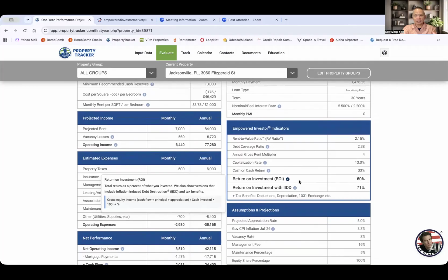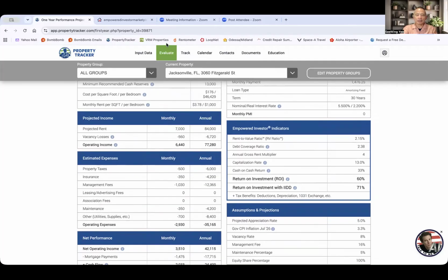Now, another key metric you really need to understand: that's why rental property is a multi-dimensional asset class. Cash flow is just one component, right? There are like 6 profit centers. You have to calculate 6 profits to see the real return of a rental property on a year-by-year basis.